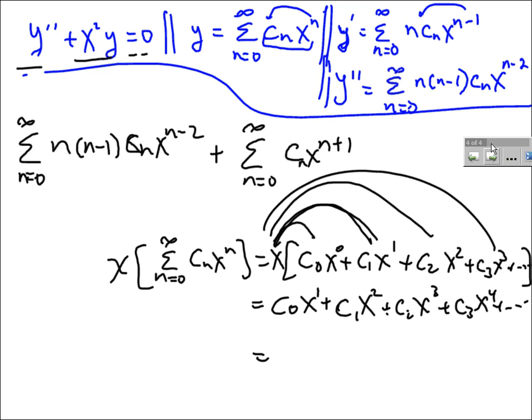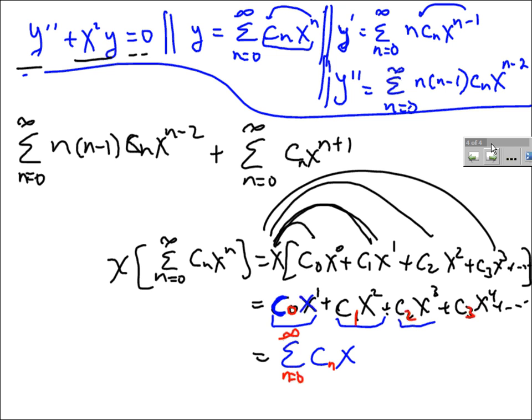And in terms of sigma notation, I notice that every single term has a c and an x. So it's going to be the summation of c x. And then I notice that this is 0, and then 1, and then 2, and then 3. So if I call this n, this has to start at 0, and it goes all the way up to infinity.